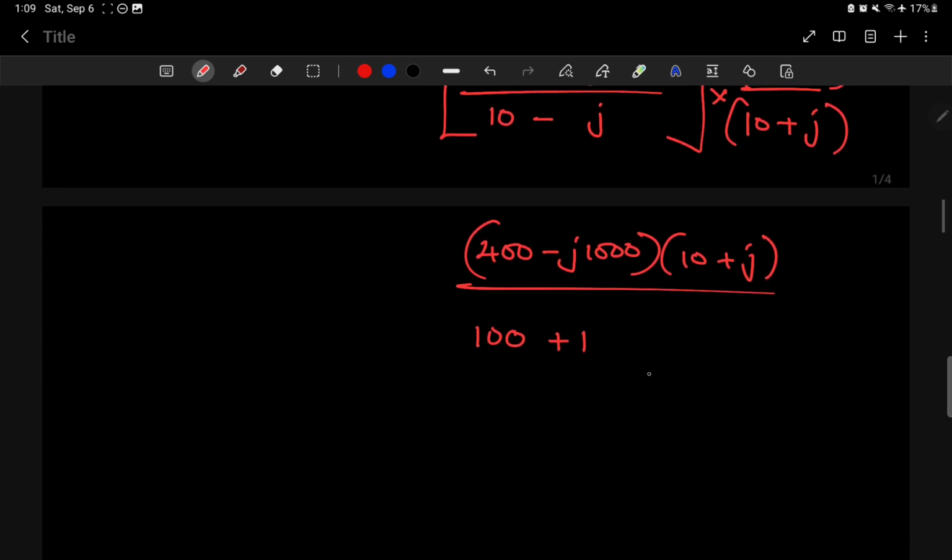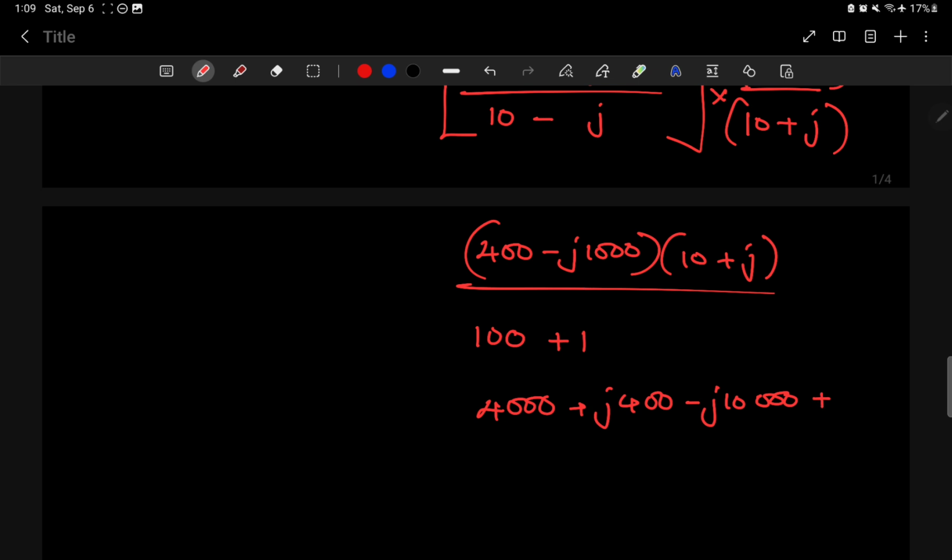Still focusing on the last part, the 400 will multiply 10 to give us 4,000. Then multiplying j gives j400. And then the 1,000 multiplied now gives minus j10,000.